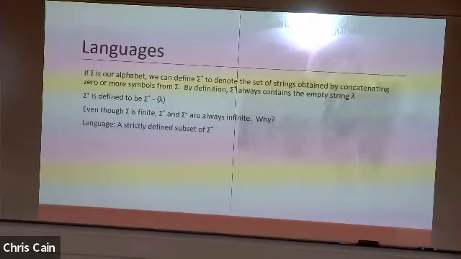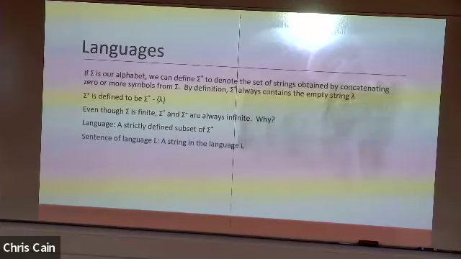ZY, BA, BA, ZX is an example of a string using the characters of the English language that has no meaning in the English language. So we define some subset of strings within this alphabet that are within a particular language. We can have a sentence within a language, and this just means that it is some string that is in the language. So cat, for instance, is a string in the language English.